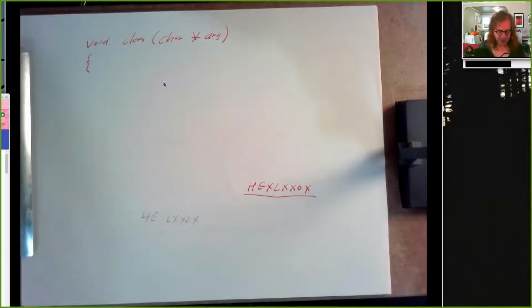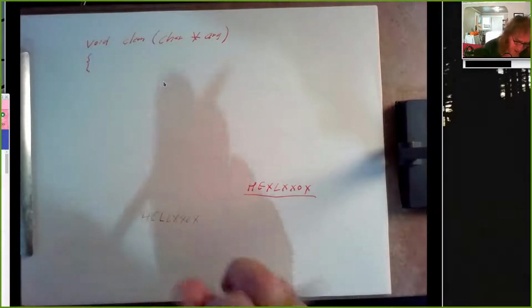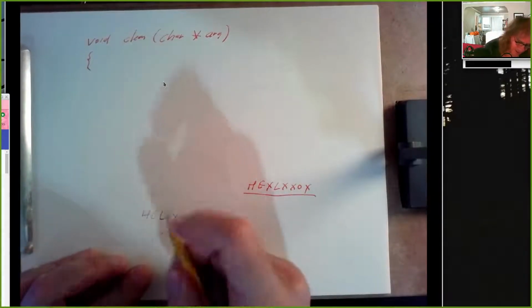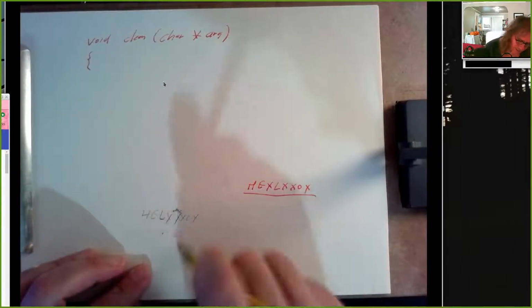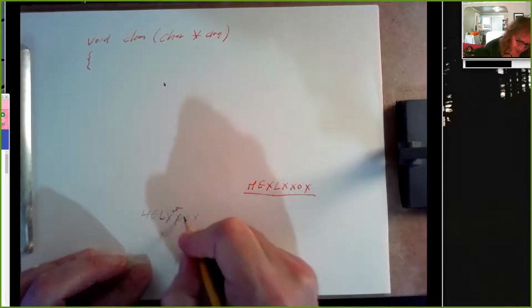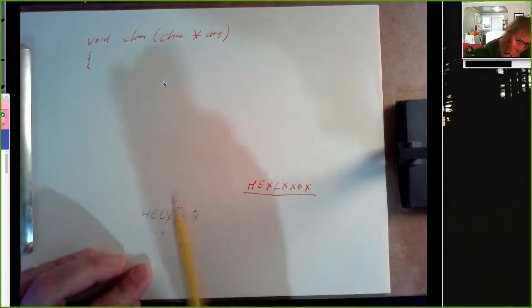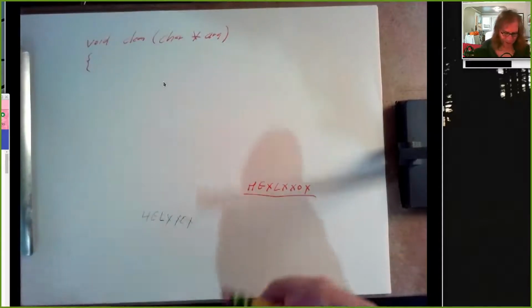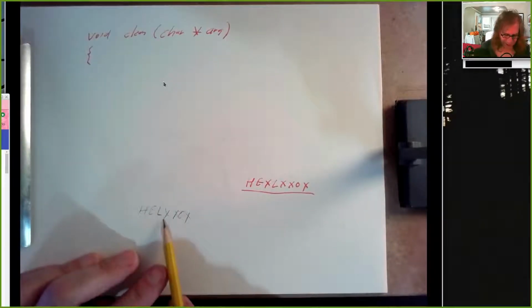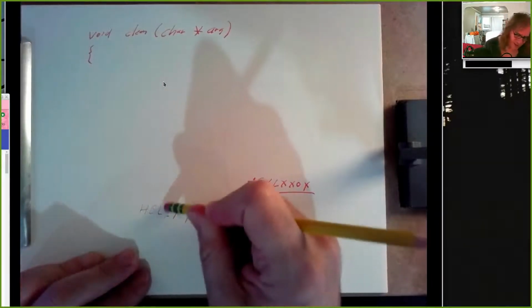Well, that's not a word now, so I'm going to change this to an L, and I'll move that X down to there, and I'll move that second X down to there, and I'll move that O down to there, and I'll move that X down to there, and I'm going to get rid of that. All right, where was I? I was here. Okay, there's another X. I'm going to get rid of that, right?